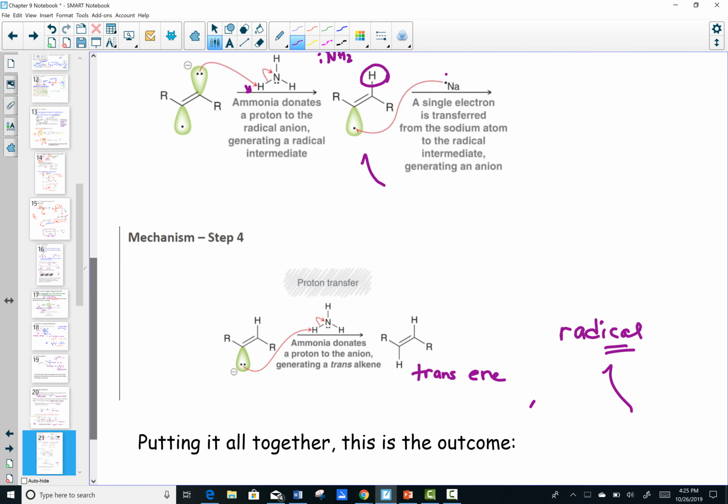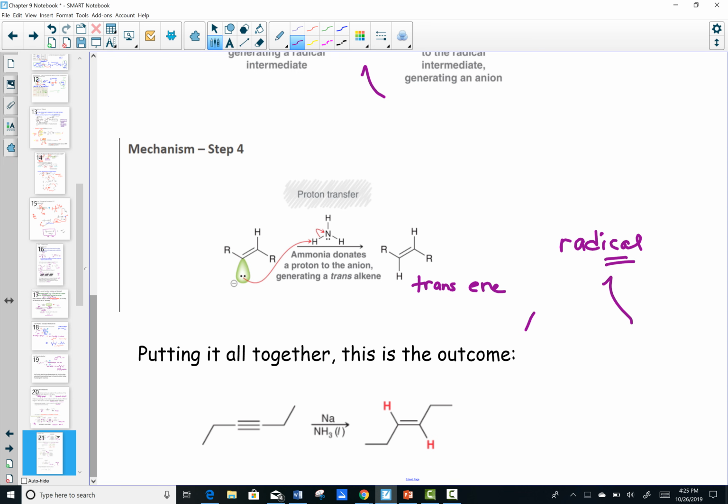So putting it all together, the outcome, this is the important part, understanding radical chemistry is part of the mechanism. Put it all together for this outcome. We started with an yne, a triple bond, 1, 2, 3, 4, 5, 6. So this is 3-hexyne.